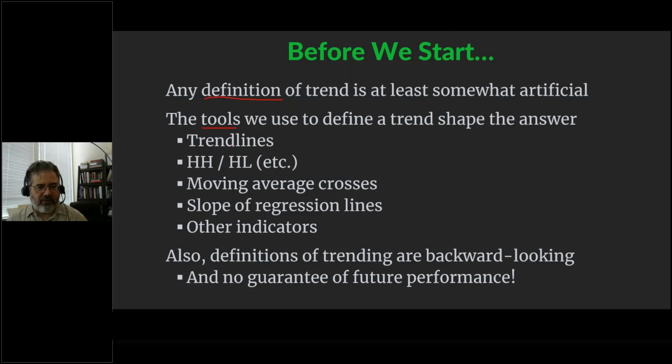Common tools are right here, trend lines. One of the most effective, I think, is to use a pattern where a market is making and holding higher lows and higher highs, but even that is subject to some confusion. This is a useful framework, but you have to understand how to apply it.